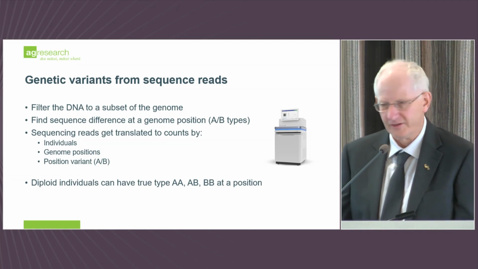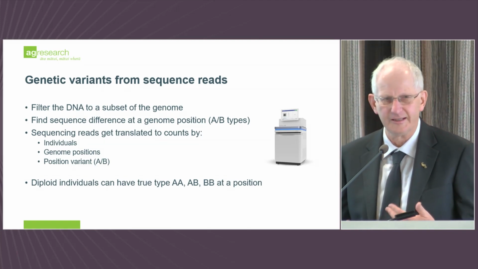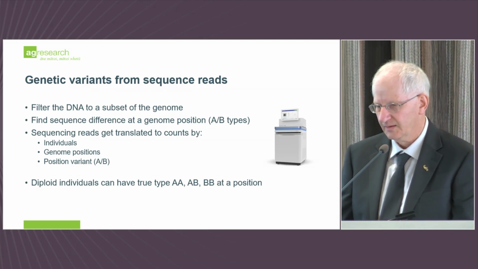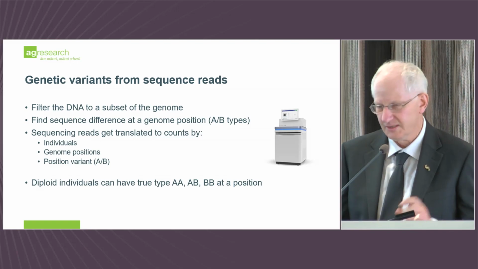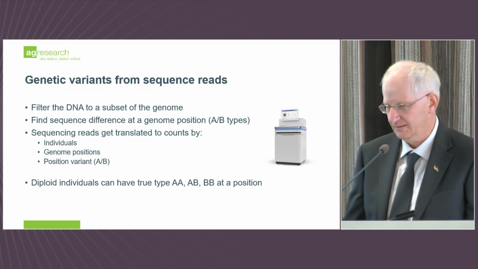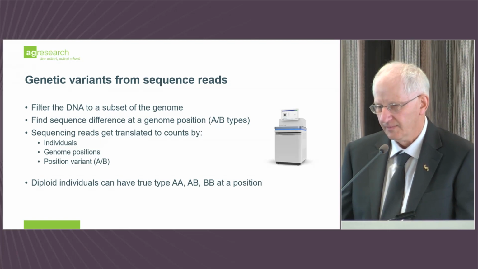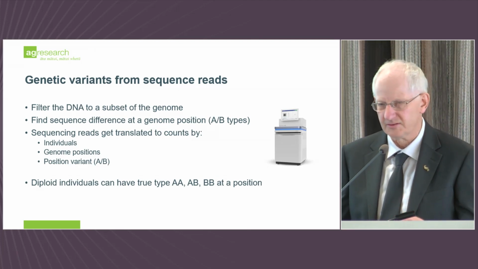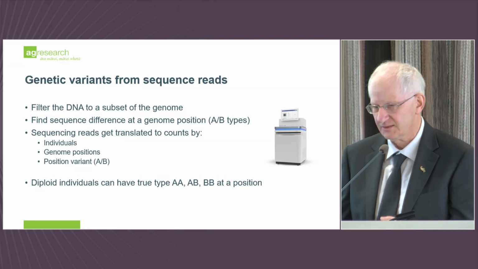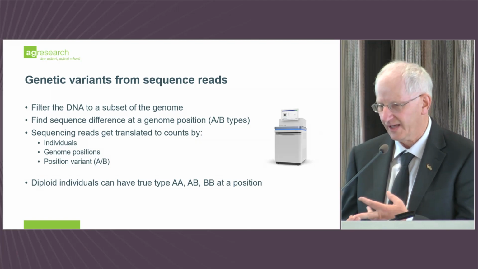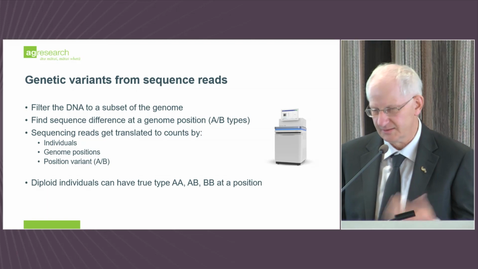How do we get these genetic variants from the sequencing reads? So we filter the DNA to a subset of the genome, as I talked about earlier. We then look for sequence differences at a particular position, and the differences we'll call A and B. The sequencing reads that we get are translated into counts for each individual that gets sequenced, for each genomic position that passes through that filter, and then for each particular variant, the A and B. So we end up with these count matrices.